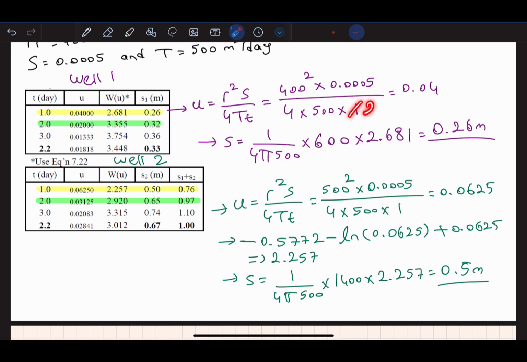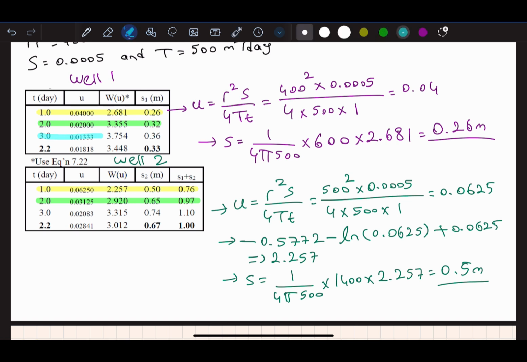This will be 2, and this will also be 2. And as you can see, the final is 0.97, because 0.33 is coming from the first well, and 0.65 is coming from the second well.